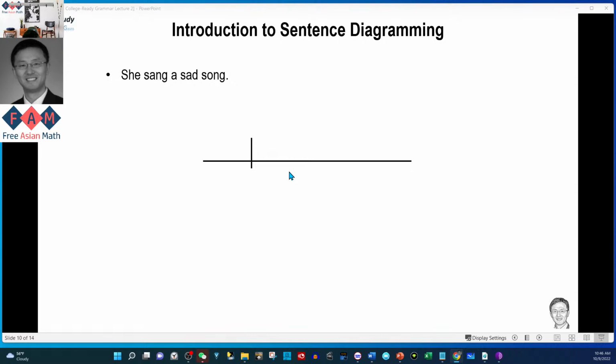So, very mechanical. To do sentence diagramming, we first draw a long horizontal line, because it may have a lot of words. We want to put those words around this main line. Then there's a vertical bar. Look, the bar actually goes across the horizontal main line. It doesn't just stop at the intersection.